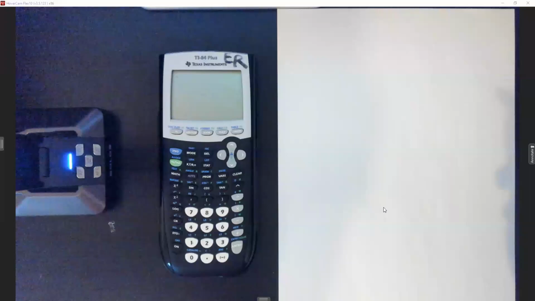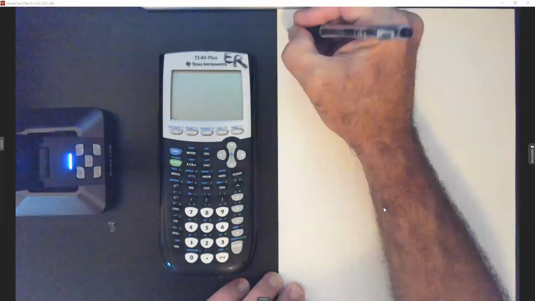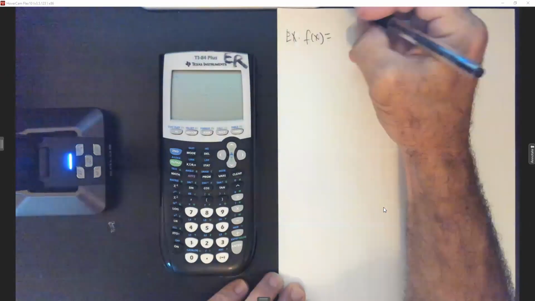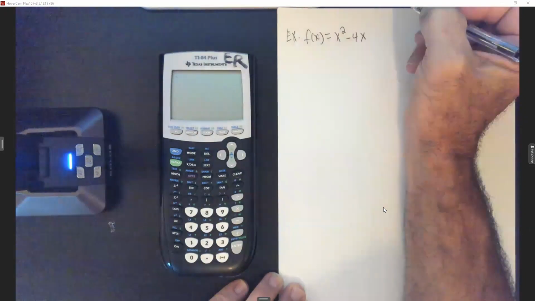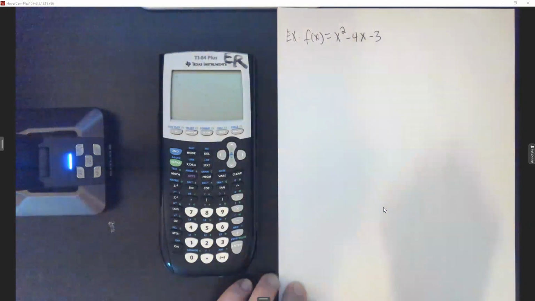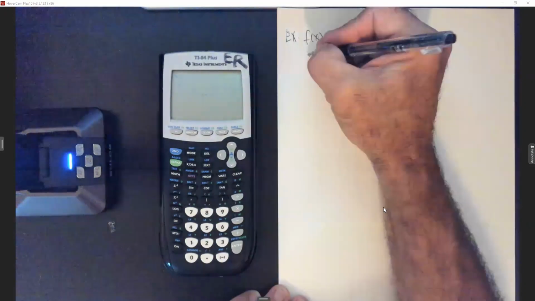So continuing in 2.2 still. All right, this one they're giving me f of x equals x squared minus 4x minus 3. They're also giving me a table.